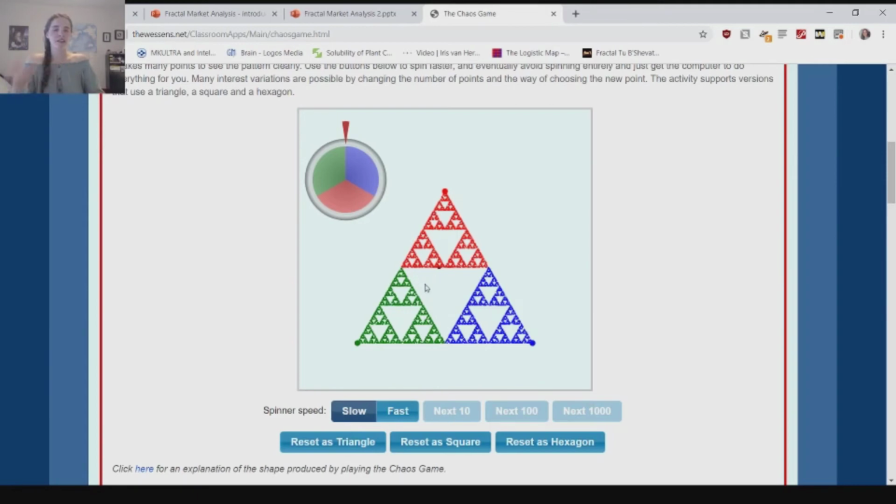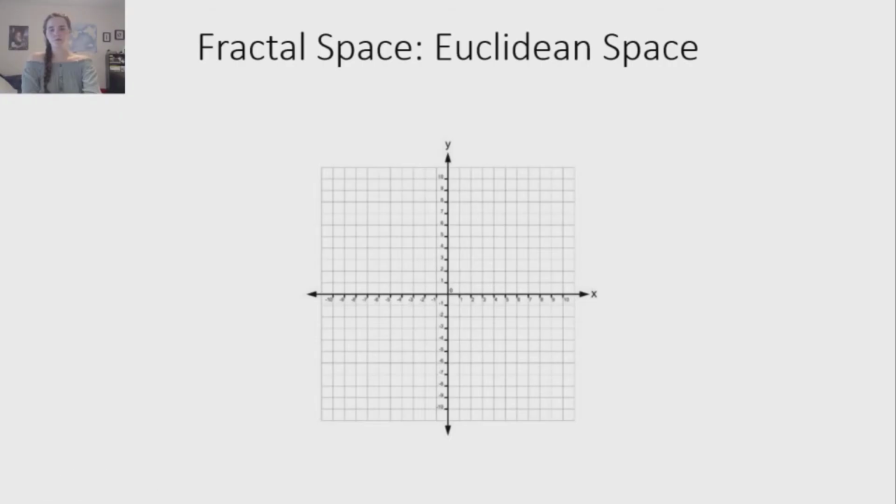And that's the attractor. That's why this fractal is an attractor, because all of the points, just because of the way the system is, end up on the Sierpinski triangle. So the Sierpinski triangle itself is an attractor of a chaotic system.